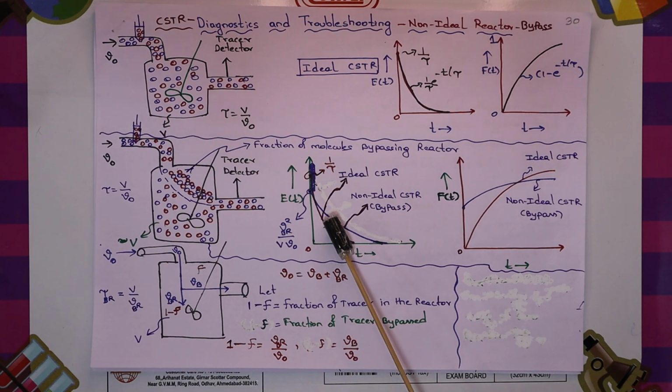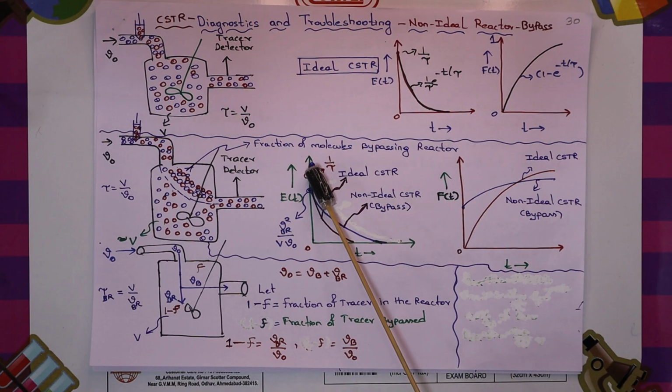You can see the red curve will decay faster compared to the blue curve. Why does it decay faster? The one that starts very high decays faster, and the one that starts at a low point decays slower, because it is an exponential relationship. So the ideal CSTR starts at a higher point than the non-ideal CSTR, so it decays faster.